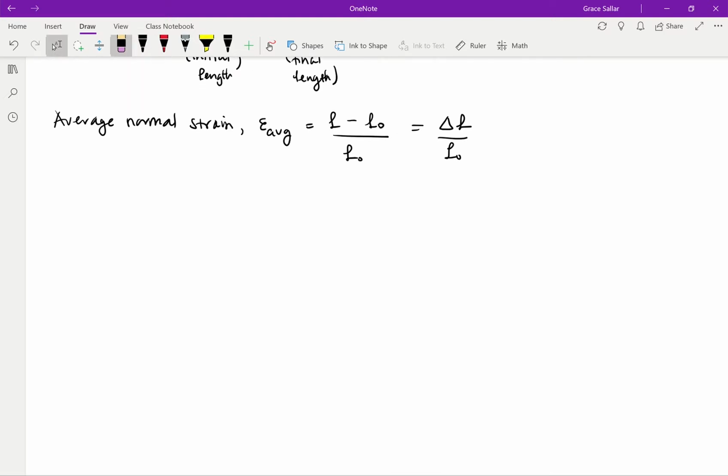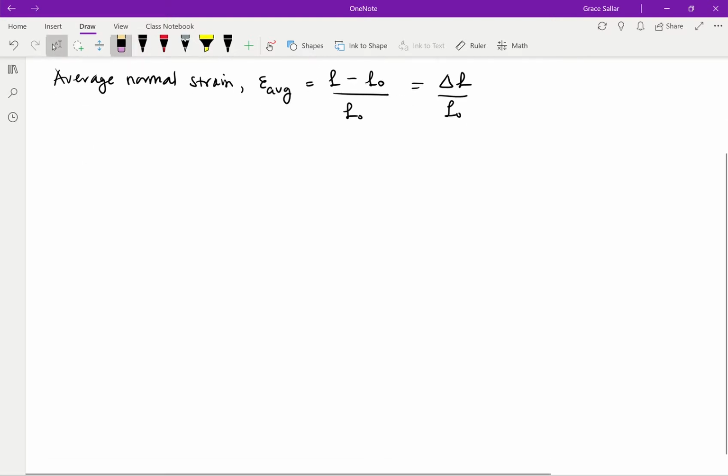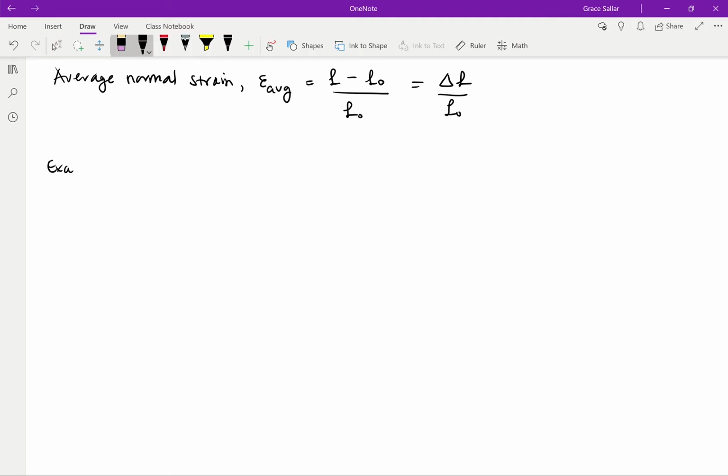All right. So example, if your initial diameter was 6 inches and then your final diameter was 7 inches, what is the average normal strain?